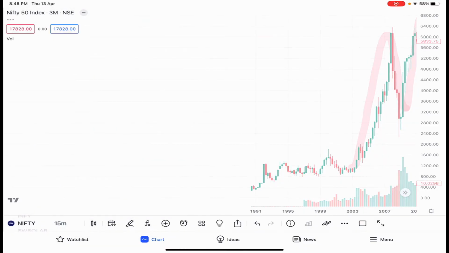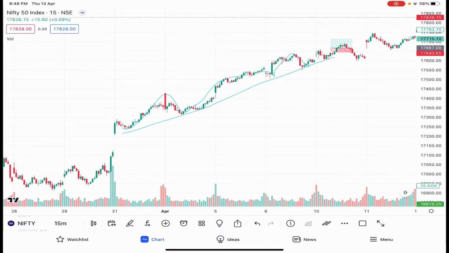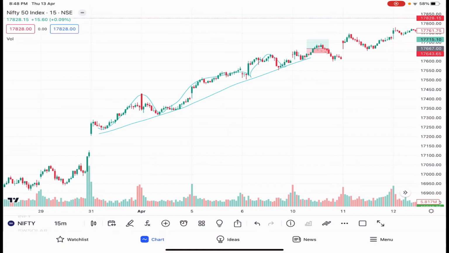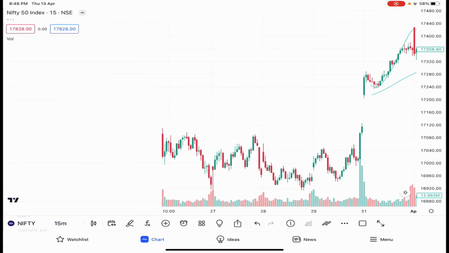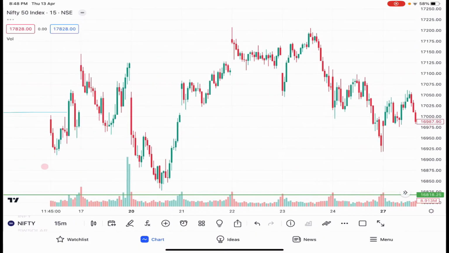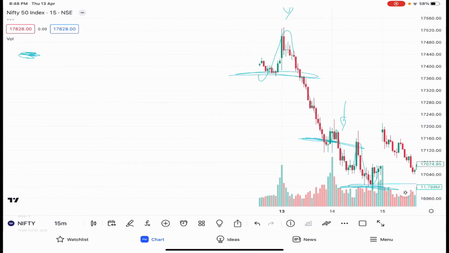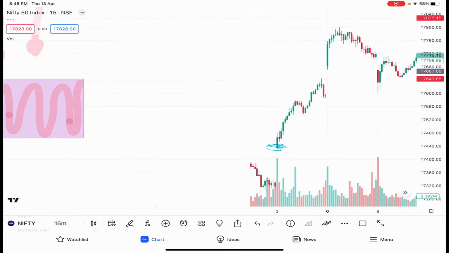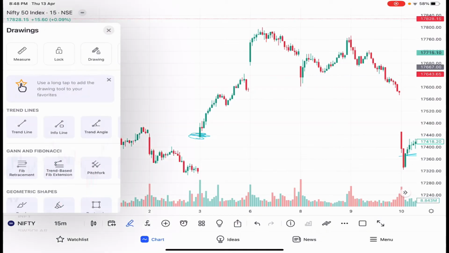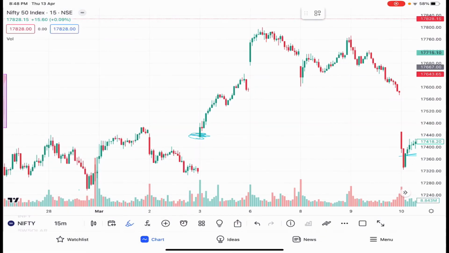Now let's go to a 15-minute chart and see how we will be able to mark on a 15-minute chart. We have already marked in the 15-minute chart, so let's go to a different place. Okay, we've marked this. So that is what I'm saying about technical analysis. Look at this.